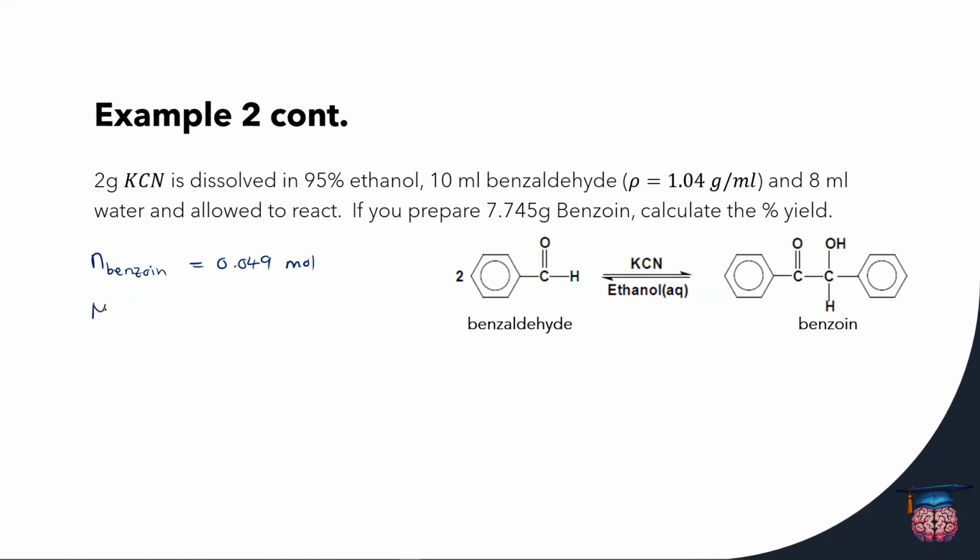Now we just need to go and calculate the theoretical mass from the molar mass of benzoin, which was calculated to be 212.248 grams per mole. And the theoretical mass is then simply the moles multiplied with the molar mass.